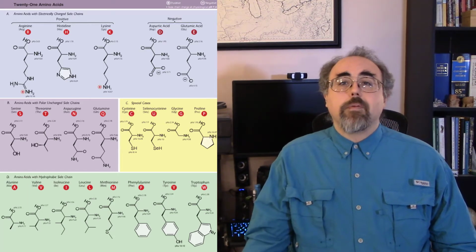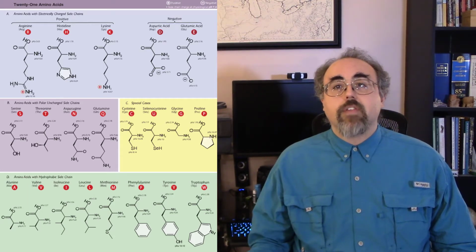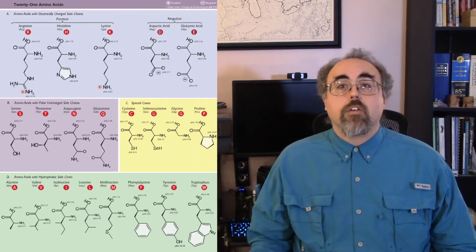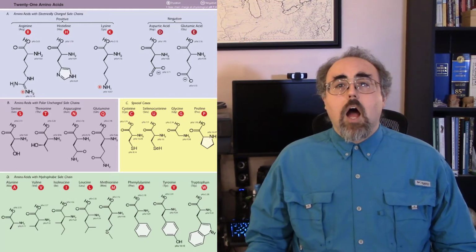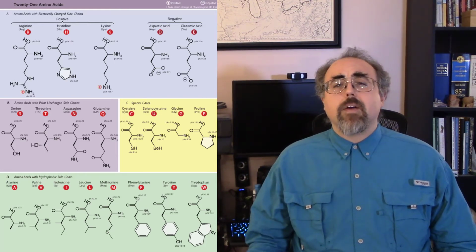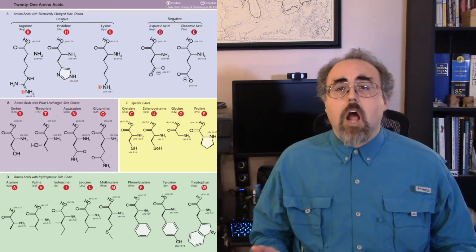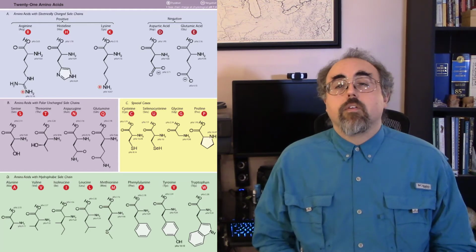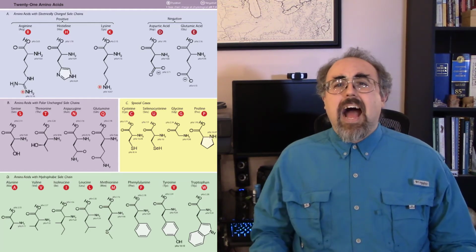The opposite, of course, would be a base. There are a few amino acids that are bases, so those will typically be positively charged under physiological pH. And then there's a couple of amino acids that are kind of oddballs and will quite often be put into an other category.